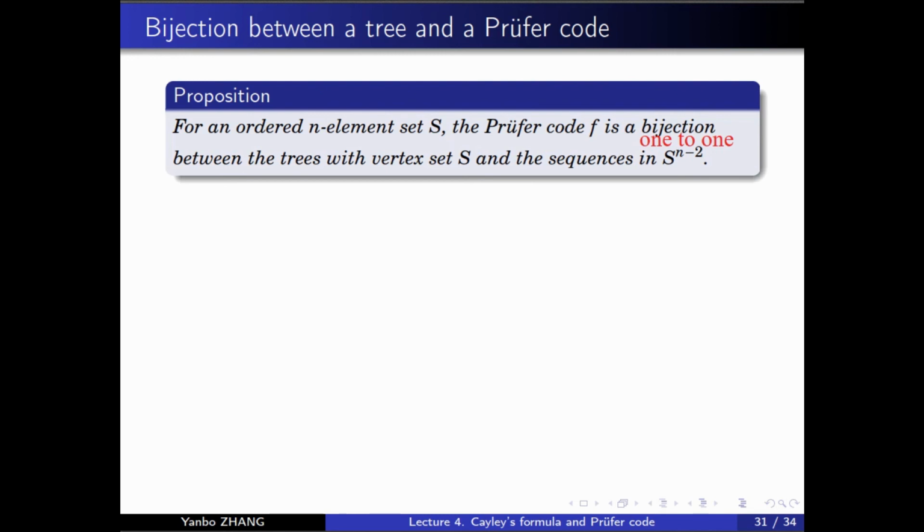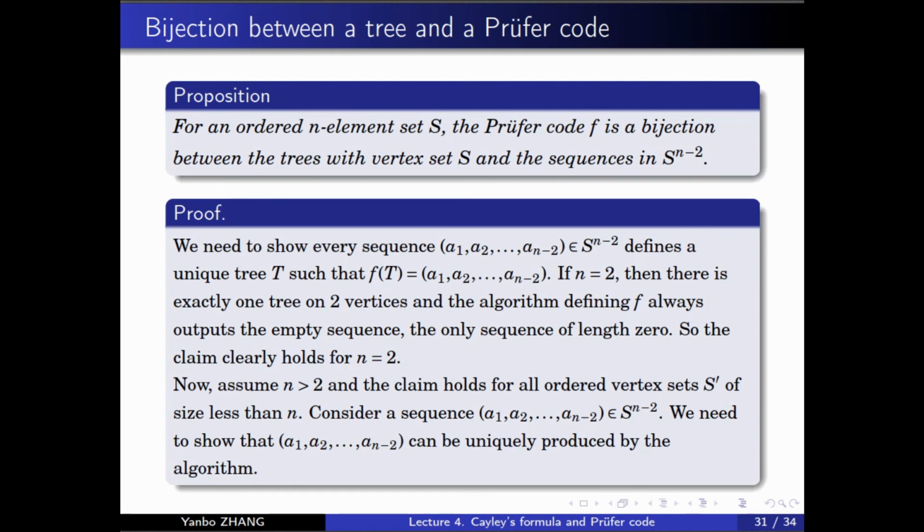This is to say, from a tree we can get its Prufer code, and from the Prufer code we can get exactly the original tree. We need to show that every sequence a1, a2 up to a(n-2) defines a unique tree T such that F(T) equals a1, a2 up to a(n-2). So it will be a 1-to-1 correspondence.